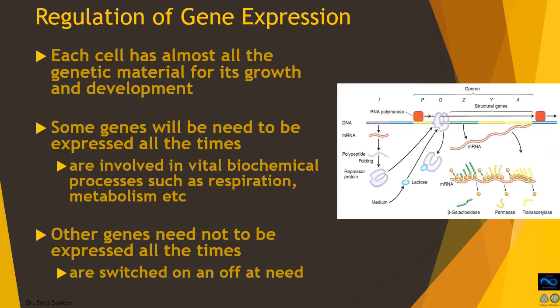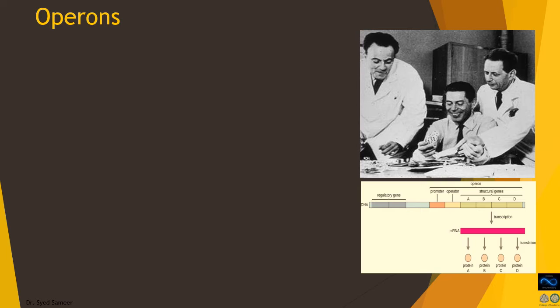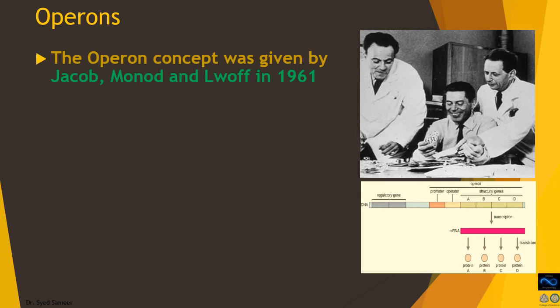However, in prokaryotes, gene expression is regulated with the help of specialized structural units which lie ahead of the expressed part of the gene. This concept was proposed for the first time by Jacob, Monod and Lwoff in 1961.